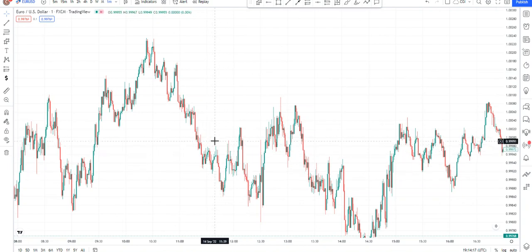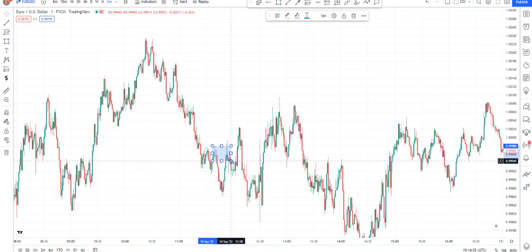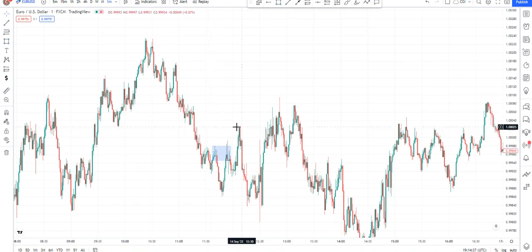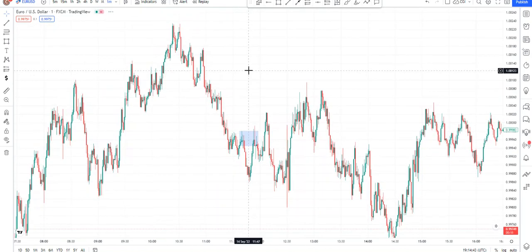If this most recent imbalance is still here, I would expect to sell within this area. Let me depict something.